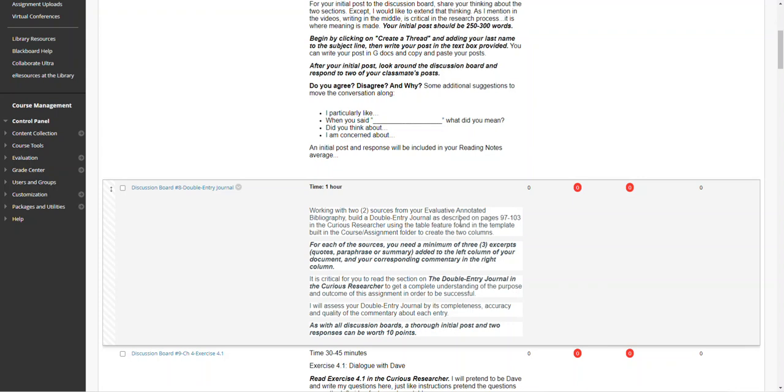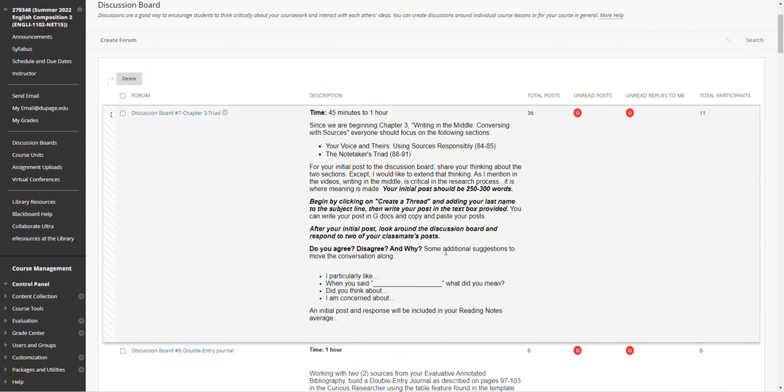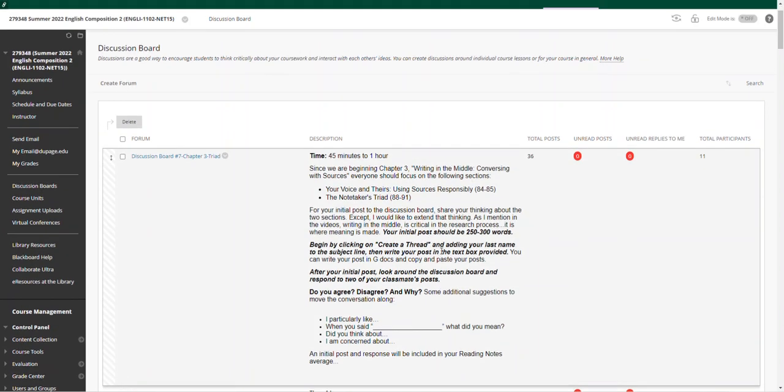He's looking for you to interact with either a quote, a summary, or a paraphrase. You need 3 excerpts from each source, so you need 6 total entries, and you need an entry quote on the left-hand side of the column and your commentary on the right-hand side. A commentary must correspond to that particular quote. You cannot write one general commentary about your particular quote, topic, or source.